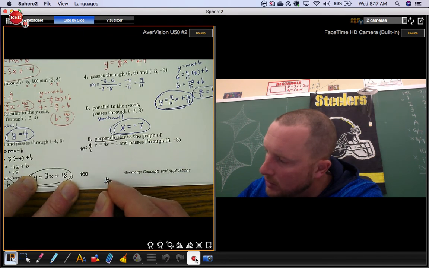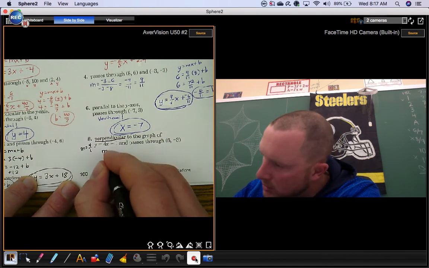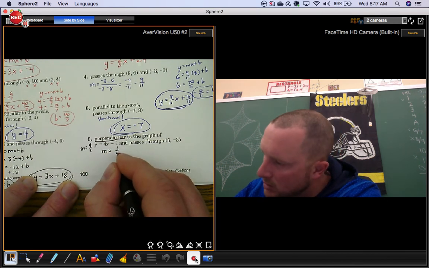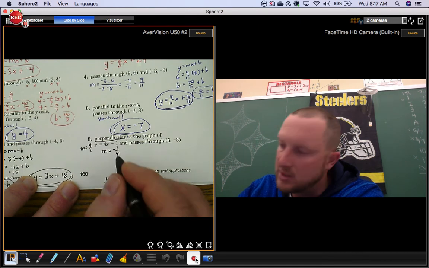So if our slope is 4 over 1, our new slope, I'll write it down here, y equals mx plus b. Our new slope is going to be opposite reciprocal to this. So our slope is going to be negative 1/4. I flip the fraction, I change the sign.